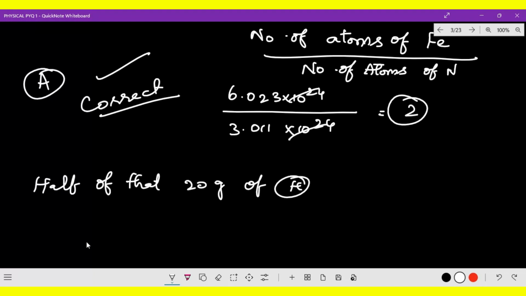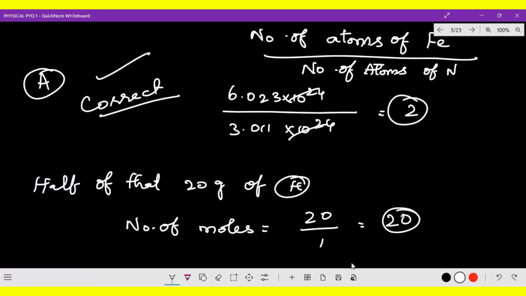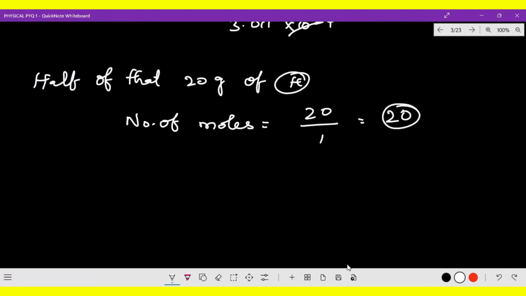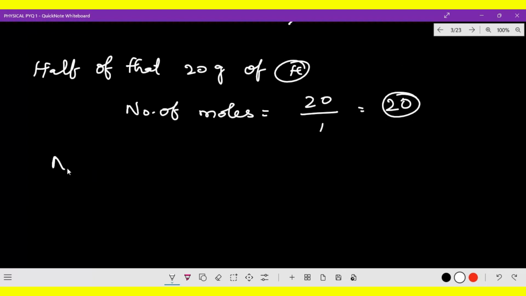Number of moles is 20 divided by the atomic mass of hydrogen, 1. Of course, you will get 20 only. And now we have to identify the number of atoms.